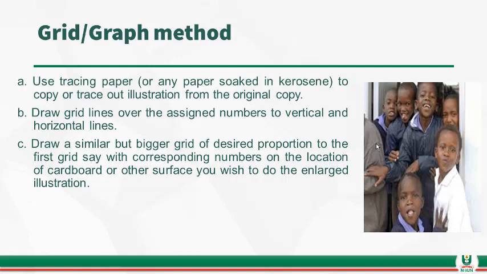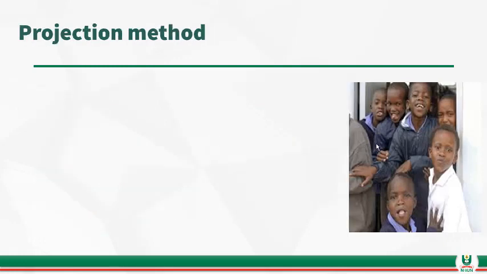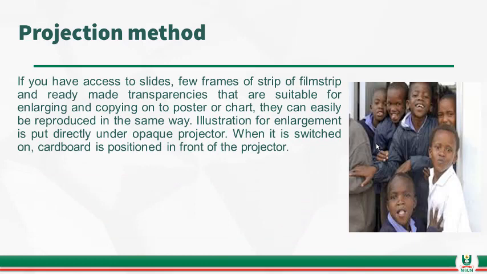Now the number 4 is that we transfer small portions of lines and curves of the illustration on the tracing paper to the cardboard or surface, until the whole illustration is drawn.